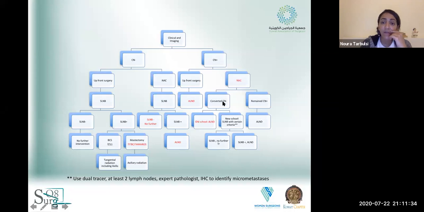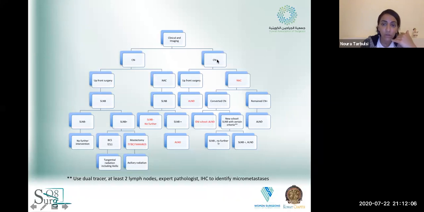If after chemotherapy they got converted to node negative, and this is where I told you earlier that in exam, it should be easy. It is safe to say that you will proceed with axillary lymph node dissection. But if at your center, in your program and your board, it's very well known that there are certain patients that can be spared dissection, then you could tell them that in the past, old training was everybody should get a dissection.